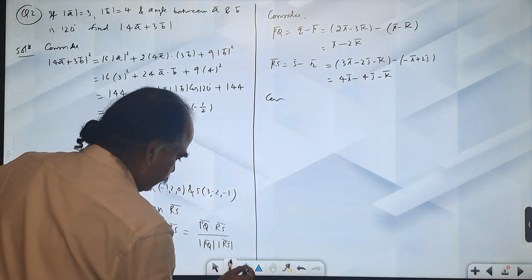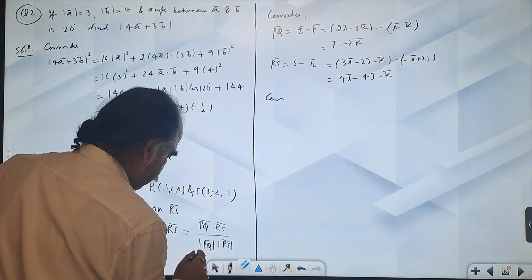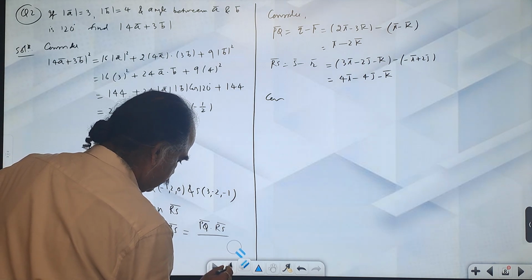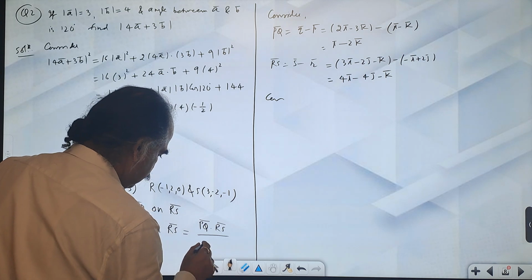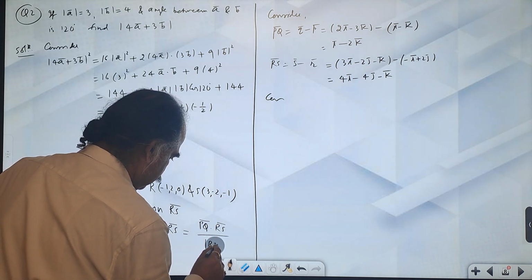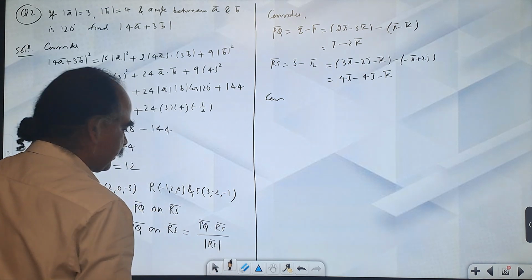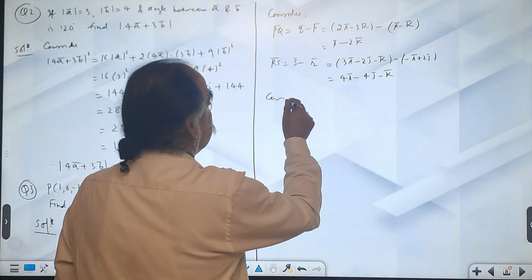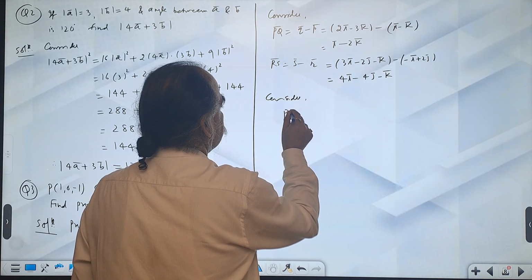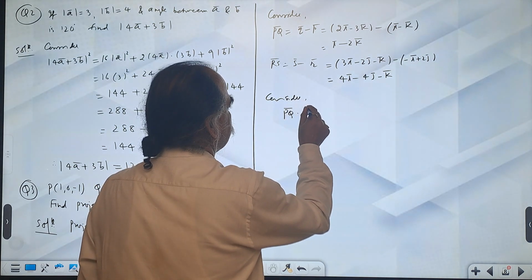On RS bar, sorry, extremely sorry, divide by only magnitude of RS bar only. So consider PQ bar dot RS bar.